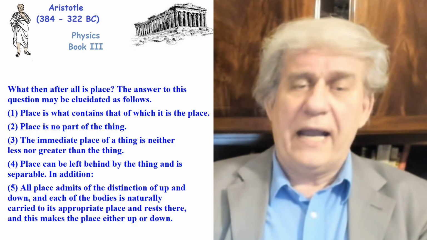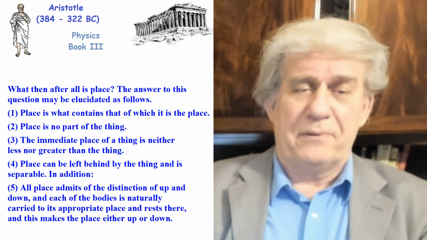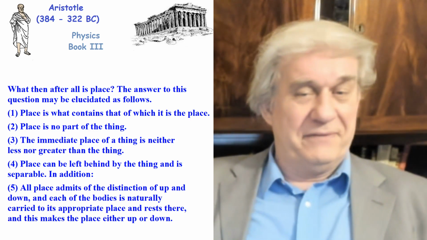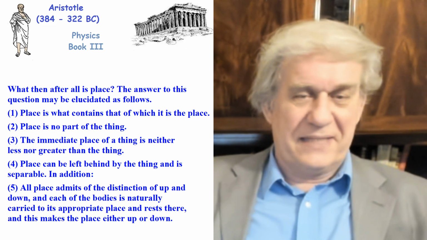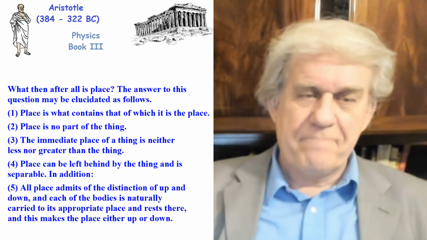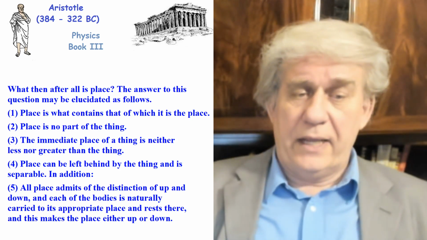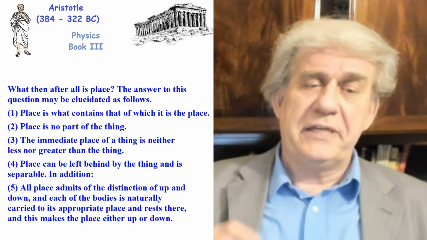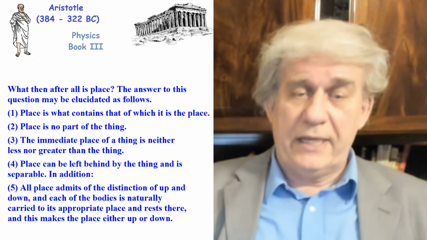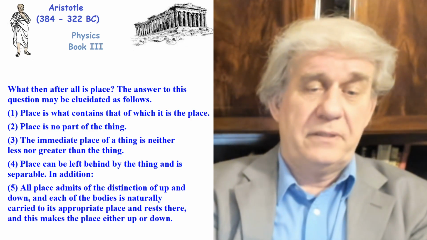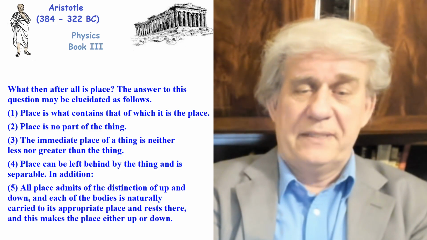Place can be left behind by the thing and is separable. So again, you take the box, you leave a hole. So place is the hole, not the box. It's two different things. All place admits of the distinction of up and down, and each of the bodies is naturally carried to its appropriate place and rests there. And this makes the place either up or down.